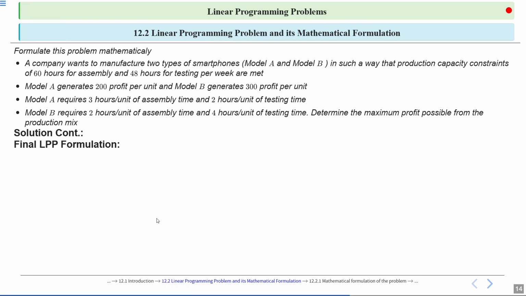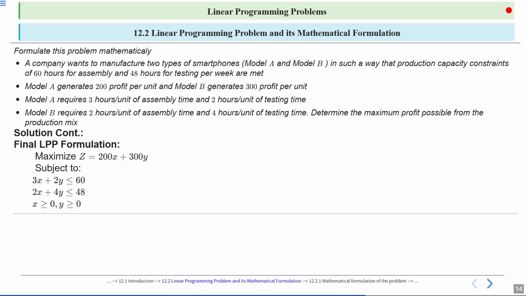So the final LPP formulation is: maximize z equals 200 times x plus 300 times y subject to 3x plus 2y is less than or equal to 60, 2x plus 4y is less than or equal to 48, and x is greater than or equal to 0, y is greater than or equal to 0.